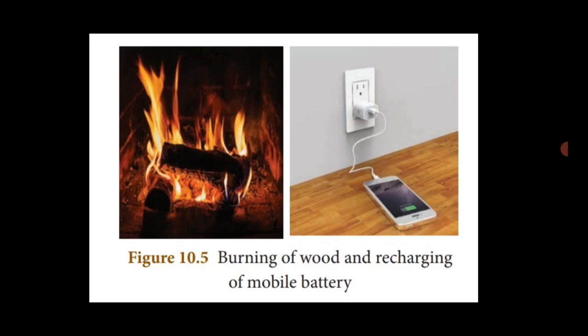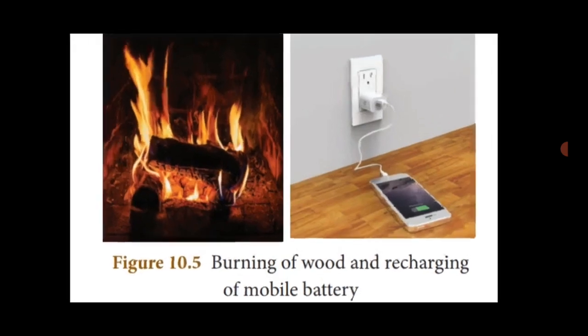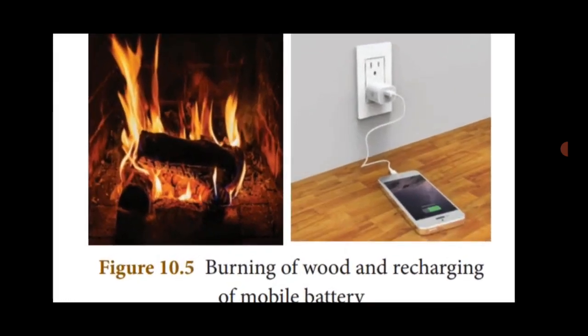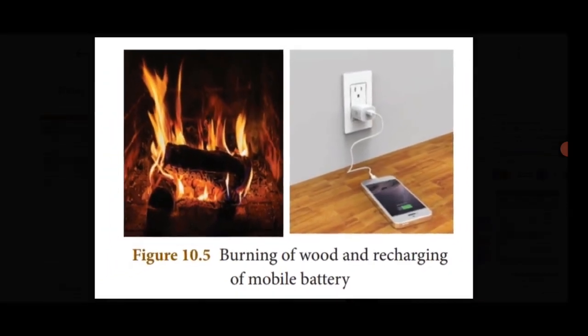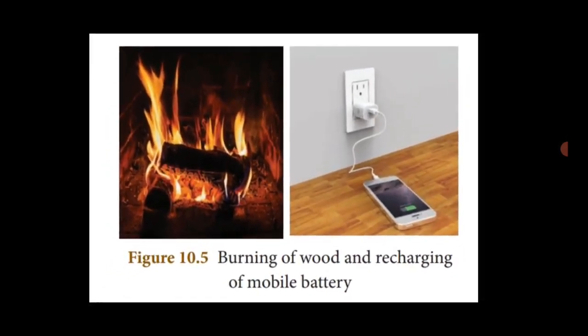The burning of wood gives carbon dioxide and water. Again, this is not a reversed reaction, but the lithium battery gives energy from the battery. This is one of the reversed reactions. A chemical reaction may be reversed under suitable conditions.